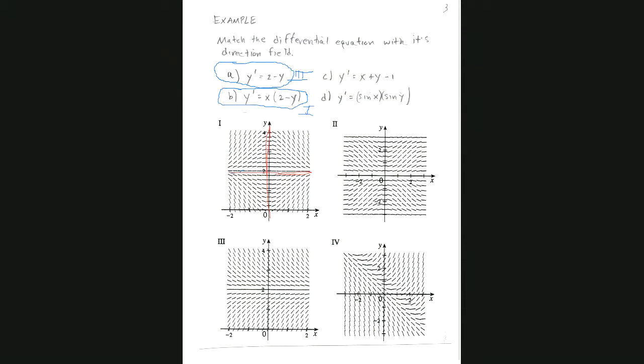Now, let's look at choice C. D is a little bit complicated. Well, it's not that bad, but I think C is a little bit easier. What do we want to do with choice C to help us evaluate that?